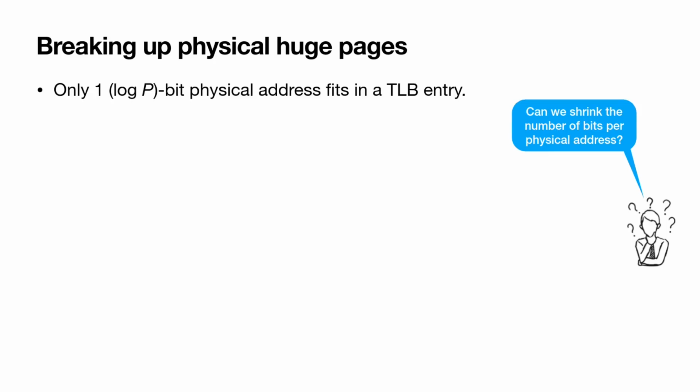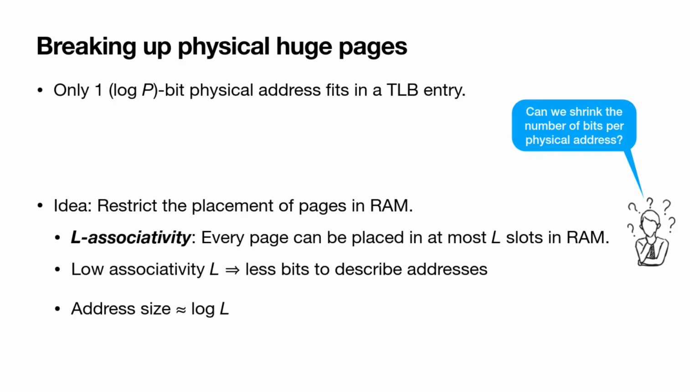The main challenge is that only one physical address fits in a TLB entry. So the question we want to answer is, can we shrink the number of bits we require per physical address? The main idea we use to tackle this question is to restrict the placement of pages in RAM.